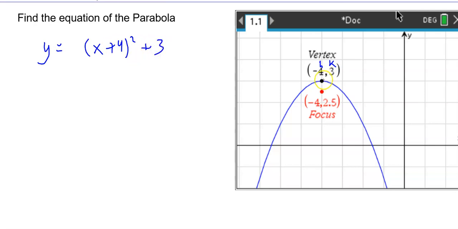And the distance between the two looks to be c equals -1/2. It's definitely negative because it's opening down and it's 1/2 unit. So a equals 1 over 4c, so times -1/2 would be 1 over -2, -1/2, so -1/2 would be my a value.